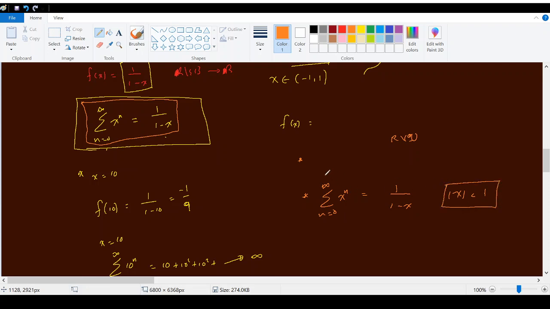So if you say the domain of the series, that means we are referring to the interval of convergence. So we learned a new term here, the domain of the series, right? That is basically the same as the interval of convergence, right?